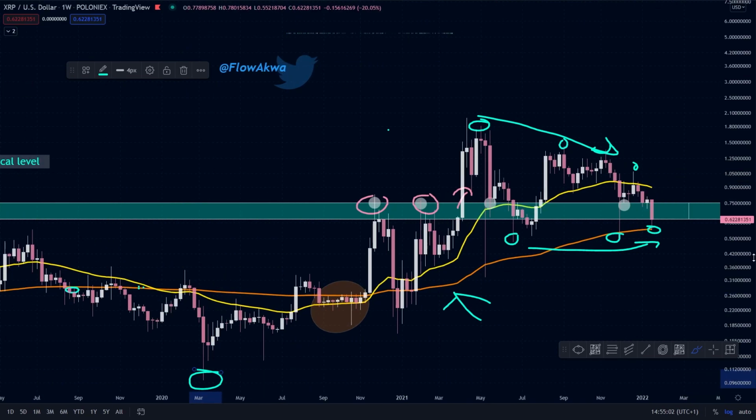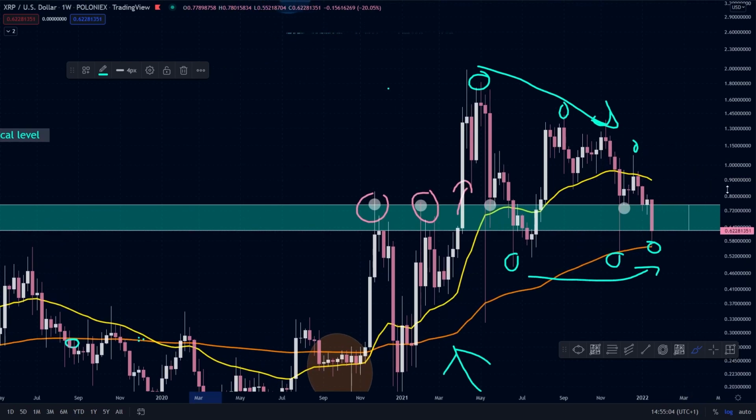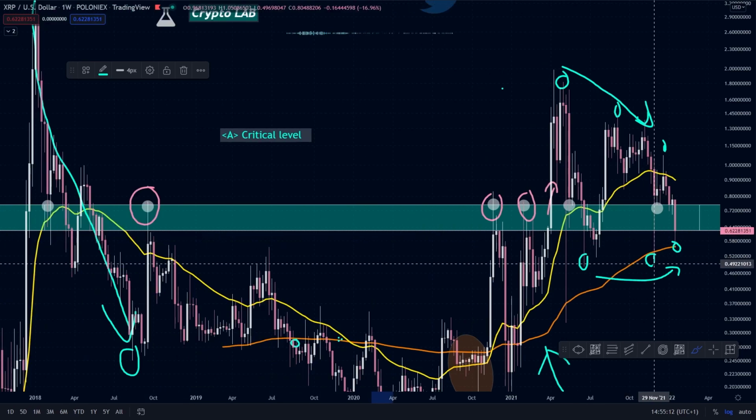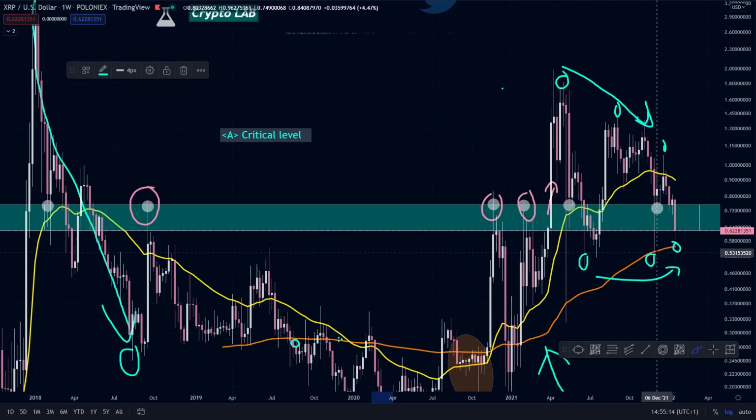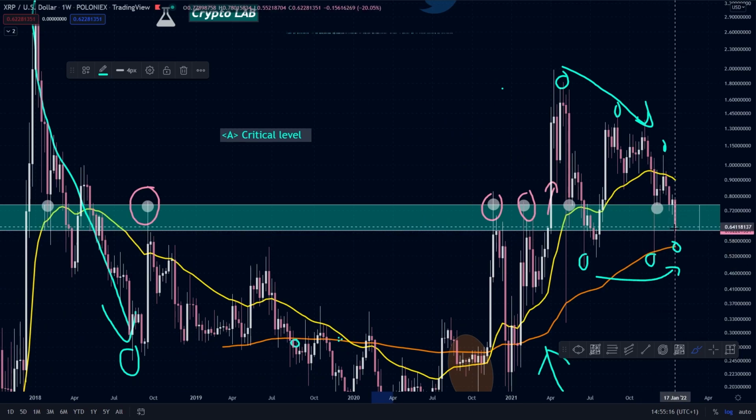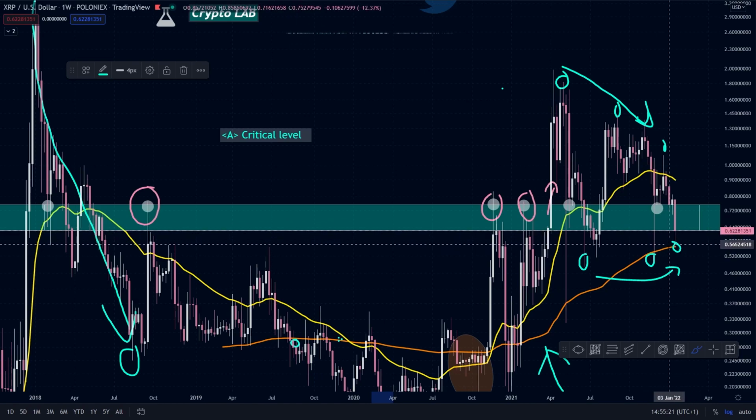That's why if we want XRP to go up, we don't want to go below this line. We want to keep it as a strong resistance. And you see that this line is going into the critical area, and at the same time, we are retesting it. So we want to hold this line.